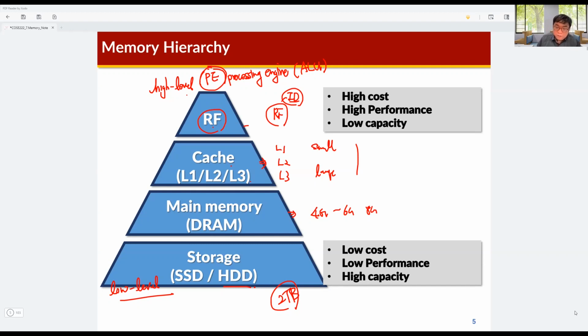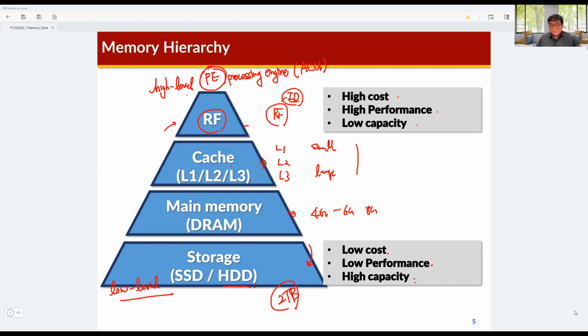So this is the memory hierarchy. In the low level of the hierarchy, we use low cost, low performance, and high capacity memories. For the higher level of the hierarchy, we use high cost, high performance, and low capacity memories. And actually this is good for the performance of computer systems.